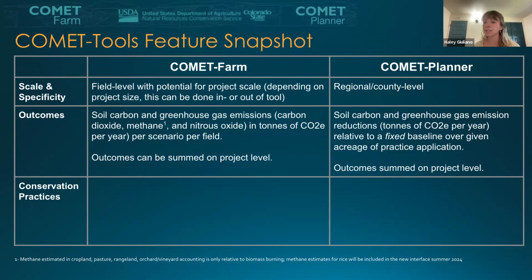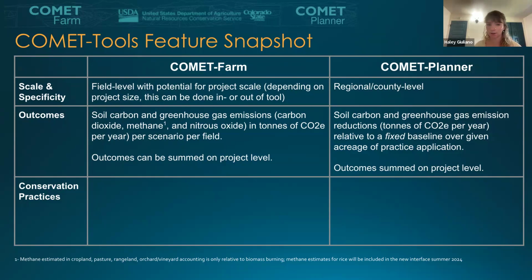We're looking at carbon dioxide, methane, and nitrous oxide. With methane today, the only thing we would be looking at in the field level accounting, if methane is going to be included, it would just be for burning biomass. However, with the new update, we will be including rice methane as well.